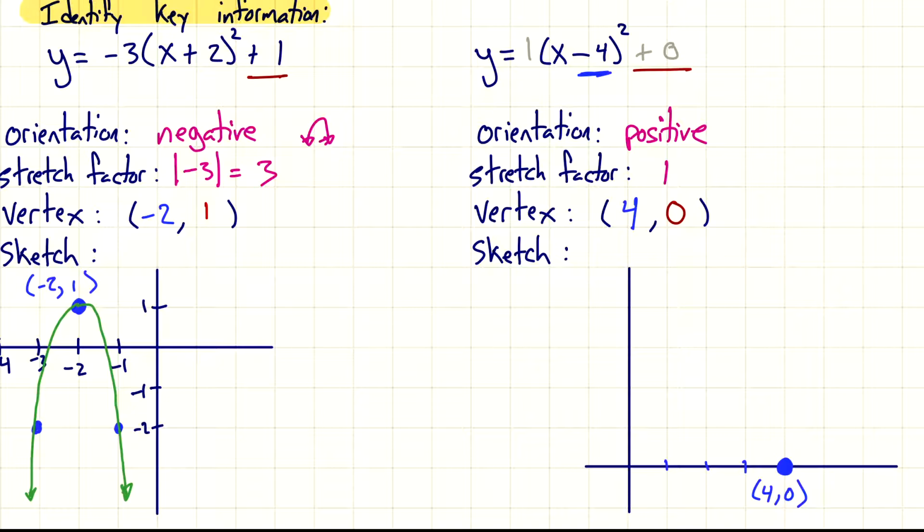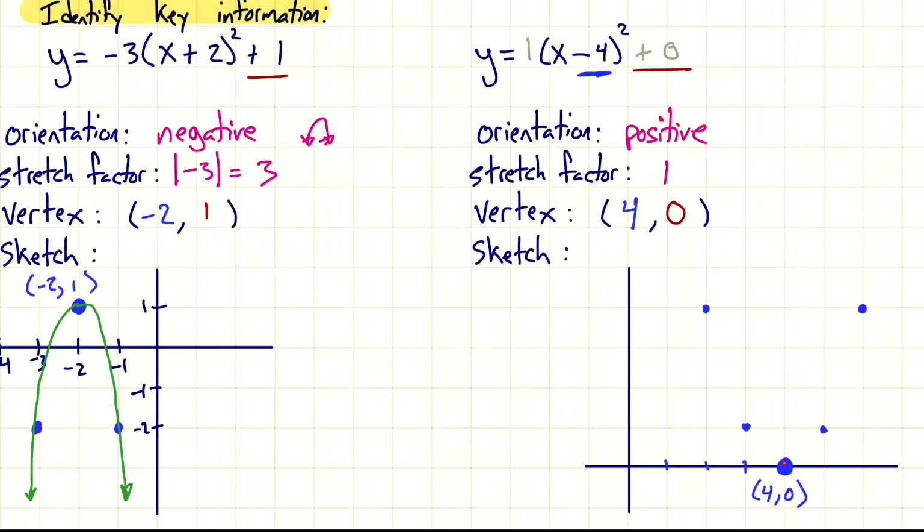It is positive, and it shouldn't be stretched, so it's going to be normal. So normally, like I said earlier, if I just go up 1 over 1 in both directions, that's a good start of where the parabola should look. And then I happen to know the pattern of points. They're always the same and never change.